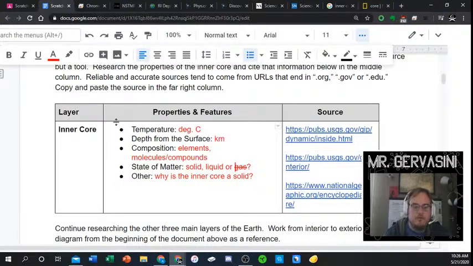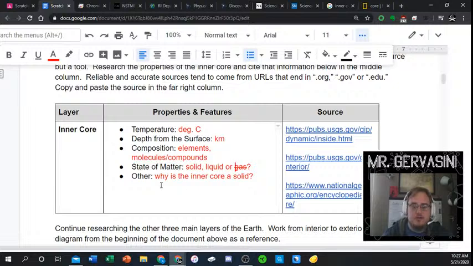So we've kind of found, using three sources, especially Nat Geo, that one was a good one. Temperature is 5,200 degrees Celsius. The depth, 5,100 kilometers. Composition is mostly iron. It's in a solid state.